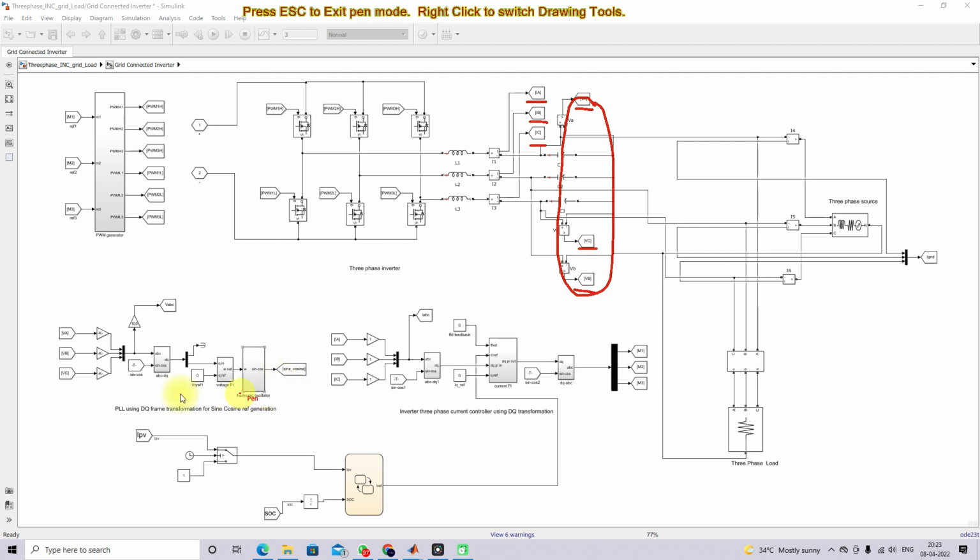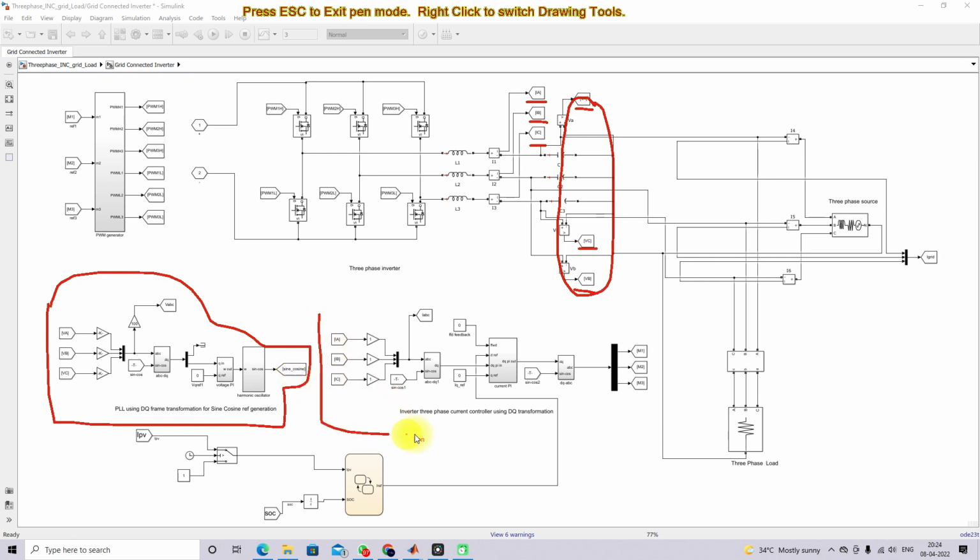By using the PLL concept, we are generating the sine and cosine waveform. This is known as the current control algorithm for the 3-phase inverter.